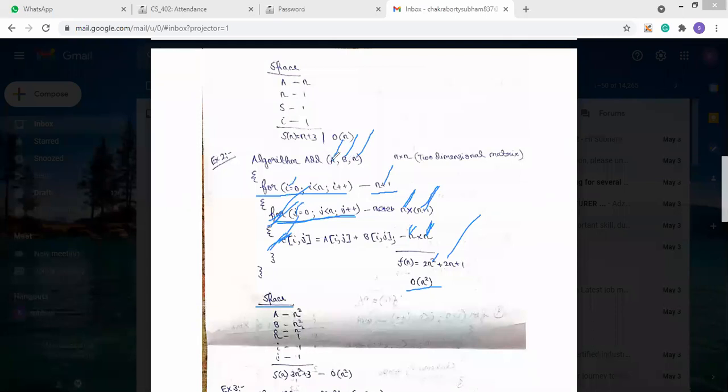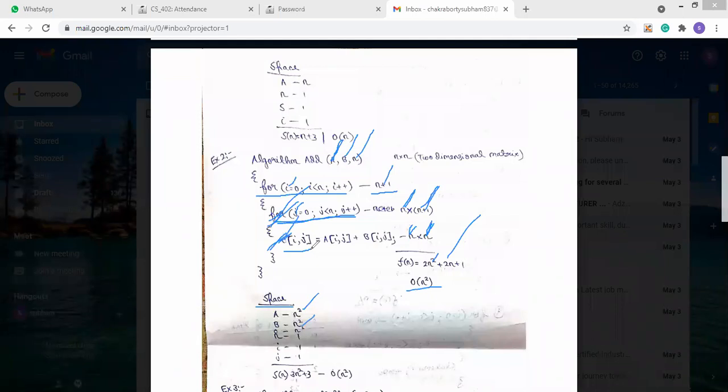Now, A is a two-dimensional matrix, n cross n, so n square. B is also a two-dimensional matrix, that's why n cross n, it is also n square. And C, after addition of these two-dimensional matrices, we are storing the value in this C. C is a two-dimensional matrix also.